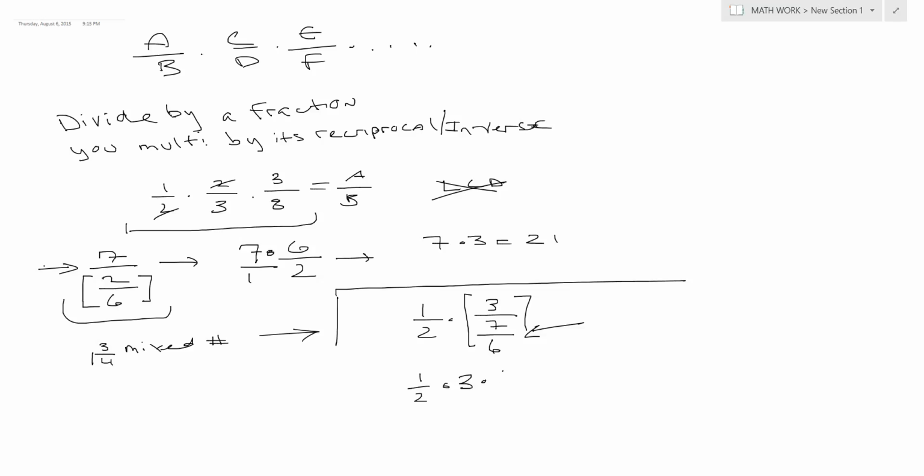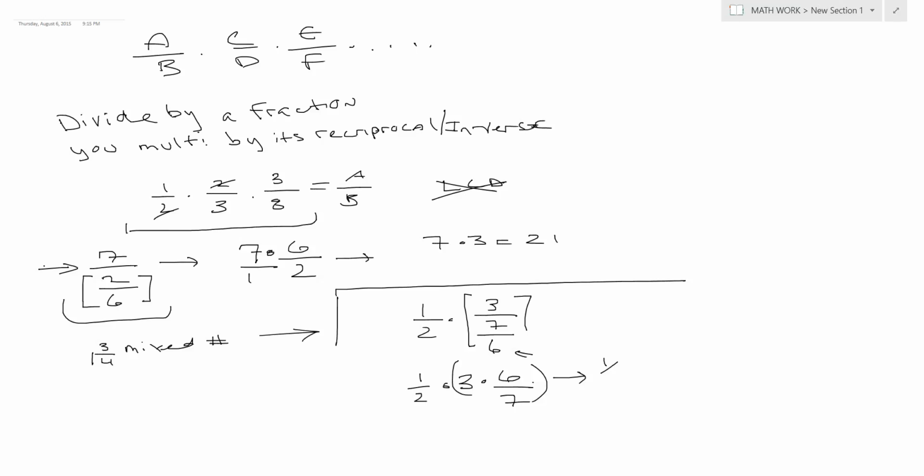3 times 6/7, right? Because we're dividing by a fraction, so we multiply by its reciprocal. And this equals down here. Wow, look at all these arrows. I'm sloppy, you guys. I apologize.